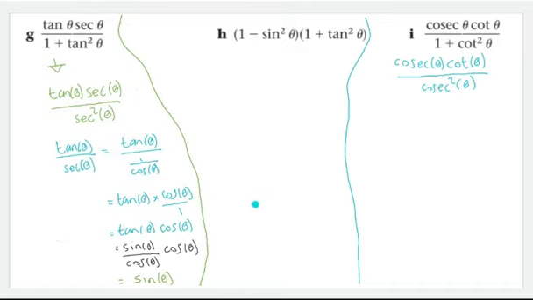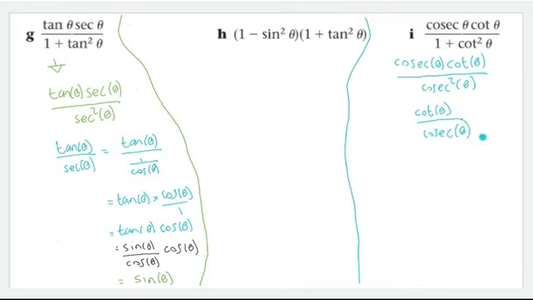Would you change the cosec squared theta to 1 plus cot squared? Oh no, never mind. Would you just cancel out the cosec and the cosec squared theta? Yeah, one of the cosecs from the top and bottom would cancel. So cot theta over cosec theta.